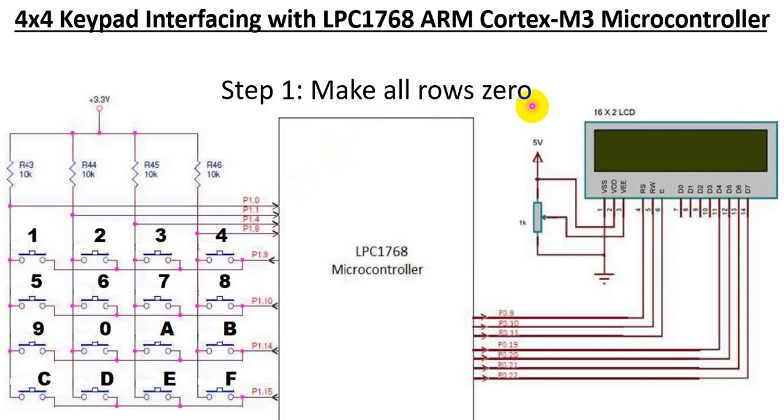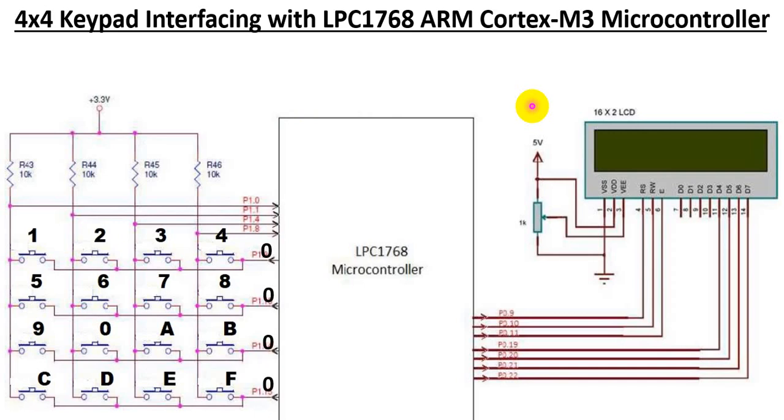So we can write 0 or 1. So here we are writing zeros to the rows. So I write 0 to this row, port 1.9, then this, and this. So all the rows have been made 0 now. Okay. So I have written 0 to all these rows now.